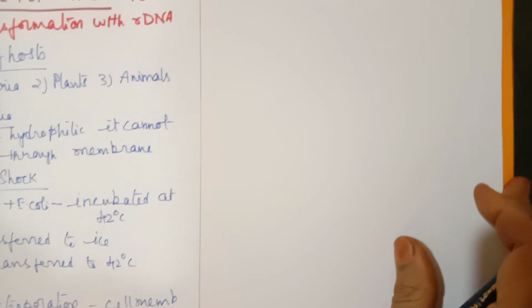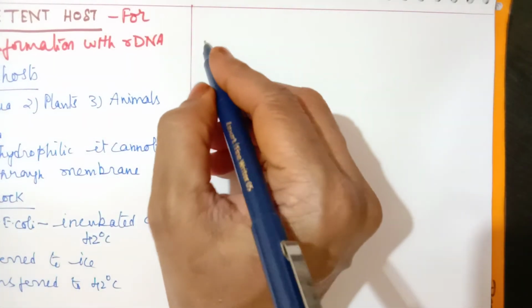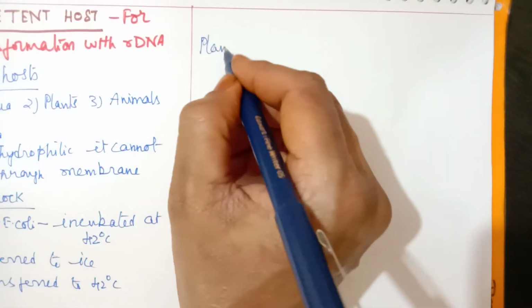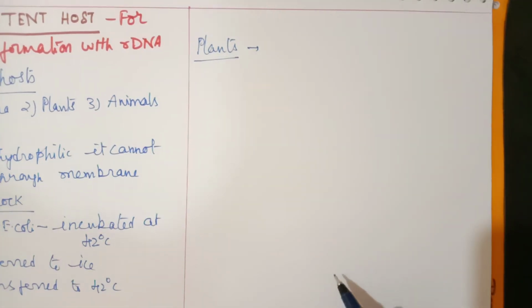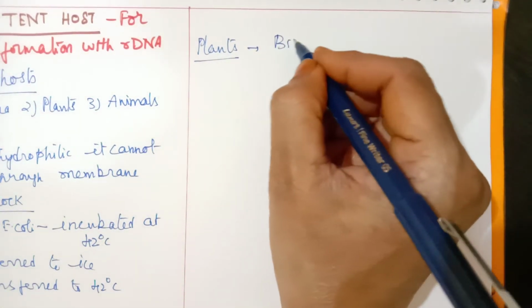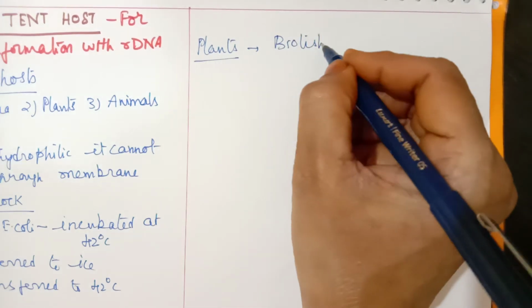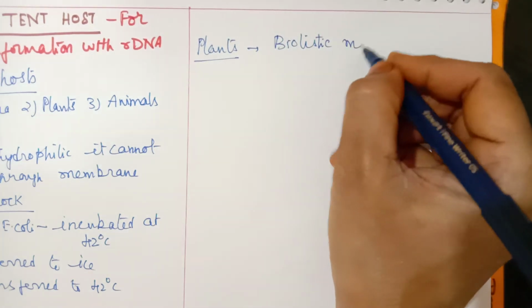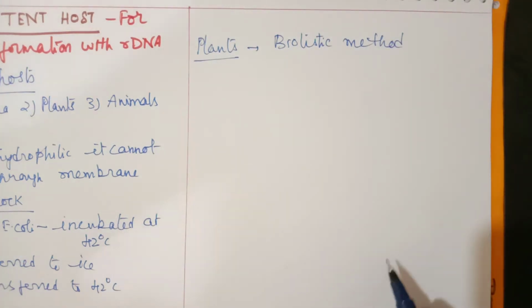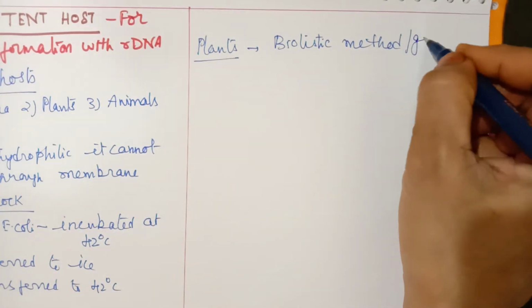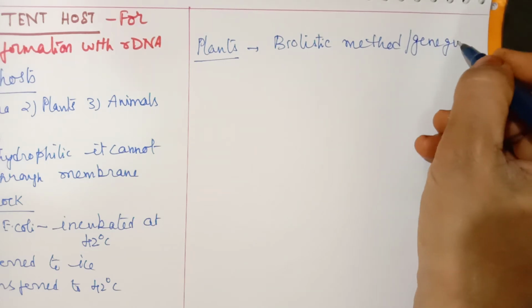Now suppose the plant cells are the host. Directly the DNA can be introduced, and the method is called the biolistic method, also called the gene gun method.